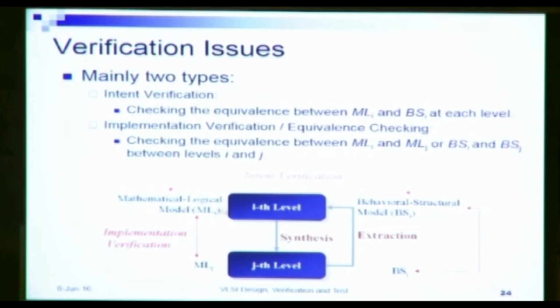At the ith level, I have MLI as the mathematical or logical specification. At level J, I have MLJ as the mathematical or logical specification. Correspondingly, I will also have a behavioral structural model. BSI represents the behavioral structural model at the ith level, and BSJ represents the behavioral structural model at the jth level.